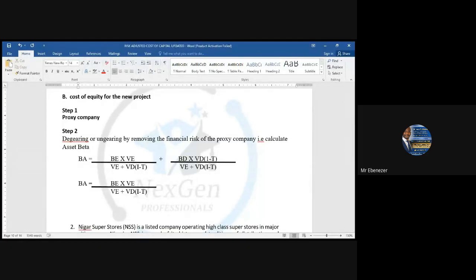So beta A. What is our beta E? What is the value of equity? What is the value of debt? What is the T? Okay, let's check.